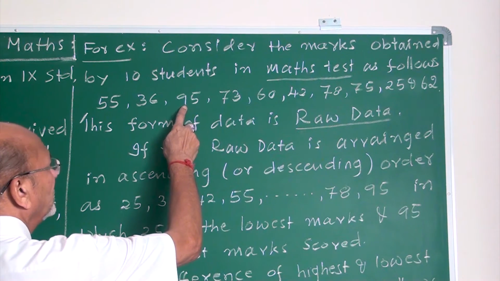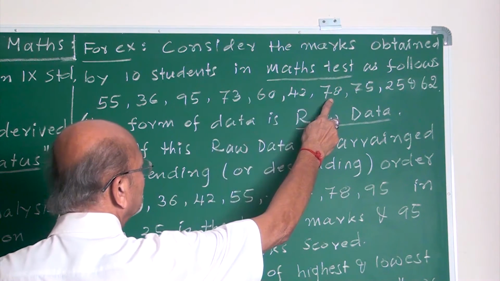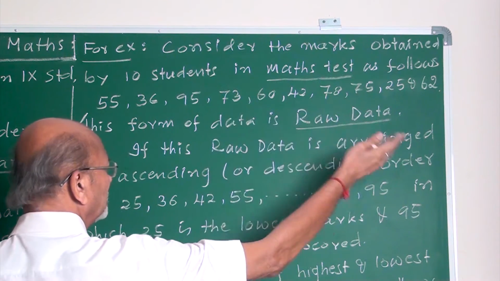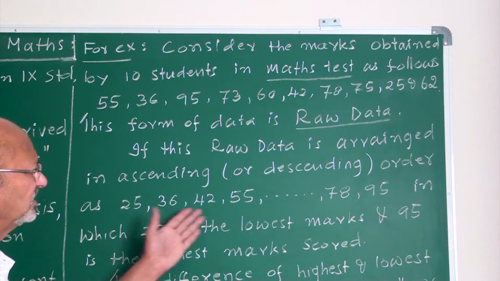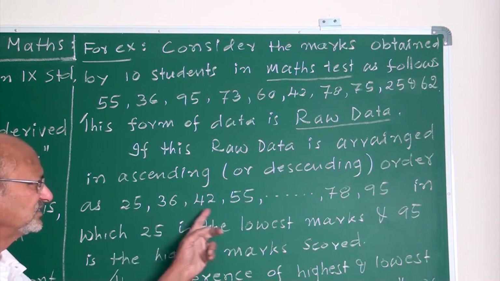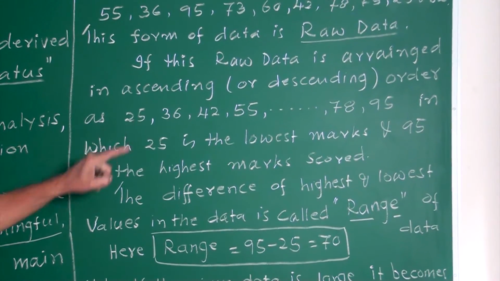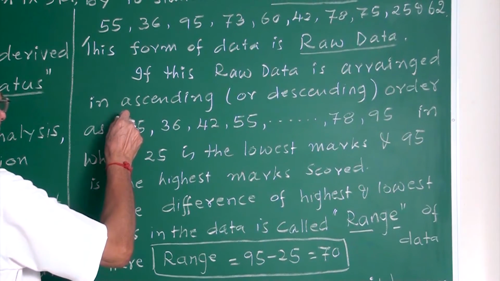The highest is 95, second highest is 78, then 75, 73, 60, and like that in between. Like this it is in increasing order, in which 25 is the lowest marks scored.